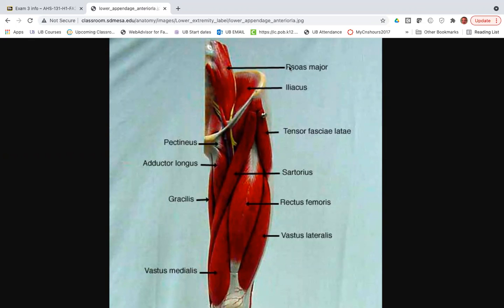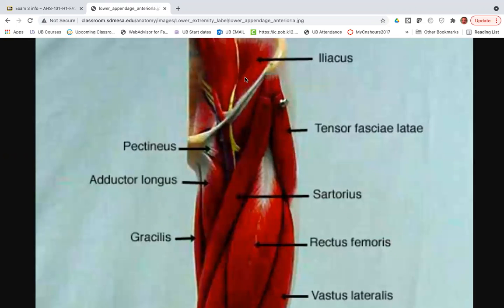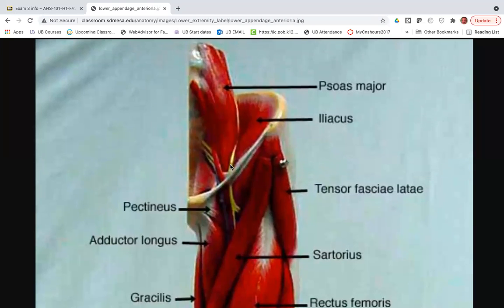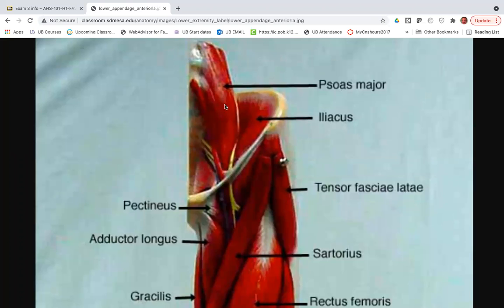Sometimes they call it the iliopsoas, where these two bellies blend in and converge, and right under the inguinal ligament here, both the iliacus and psoas major share a common insertion site. That common insertion site is on an area called the lesser trochanter of the femur. Psoas major is a hip flexor, and so is the iliacus, a major hip flexor.